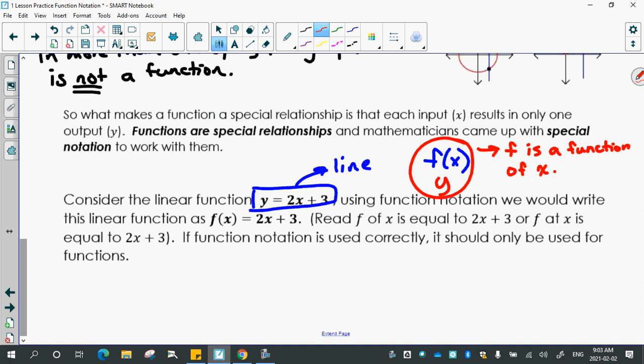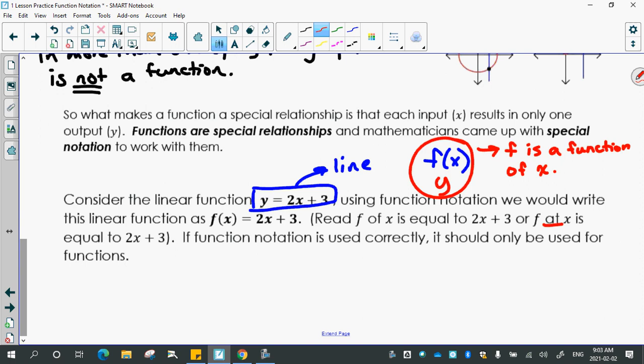So when you see f at x equals 2x plus 3, it's read f of x is equal to 2x plus 3, or f at x is equal to 2x plus 3. It depends on the textbook and your math teacher whether you say f of or f at. I was taught f at, so I'm going to say f at. Mr. Salawiga, I believe, says of.